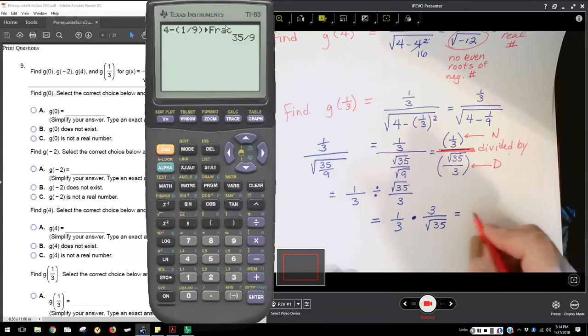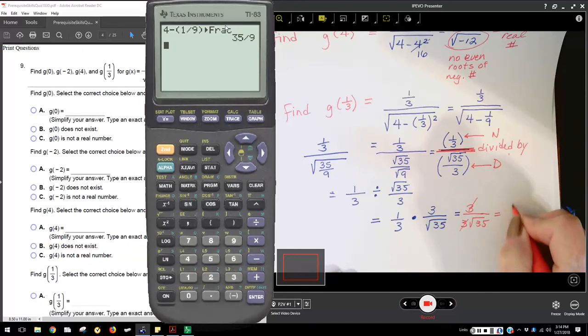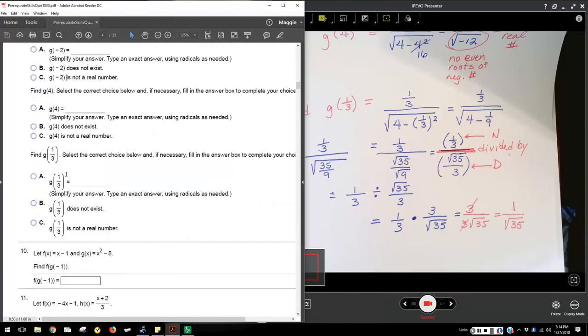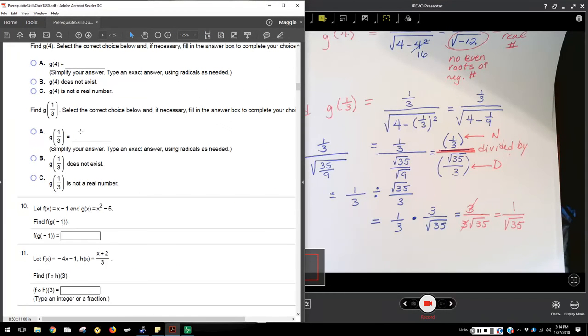What actually happens in that case is that those 3's cancel, leaving us with a 1 in the numerator and the square root of 35 in the denominator. So the correct answer for this, and it says type an exact answer using radicals, would be 1 over the square root of 35. And that will take care of that problem.